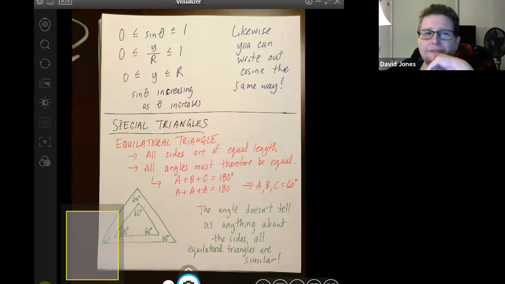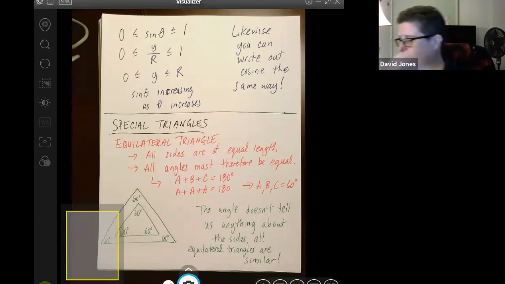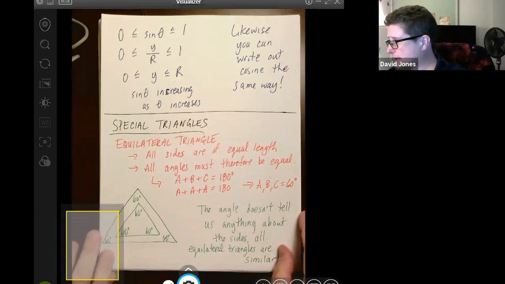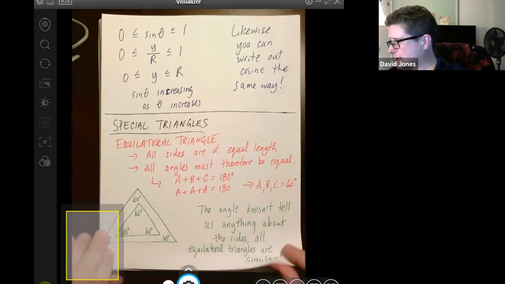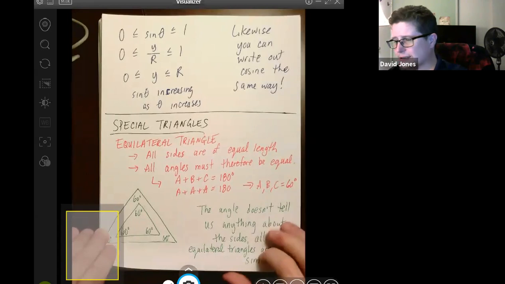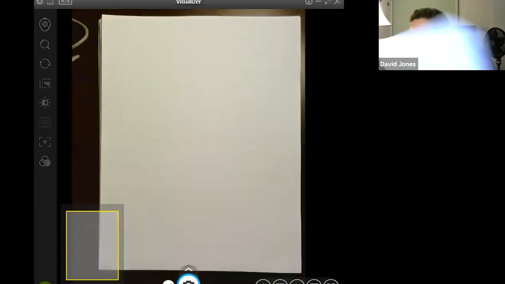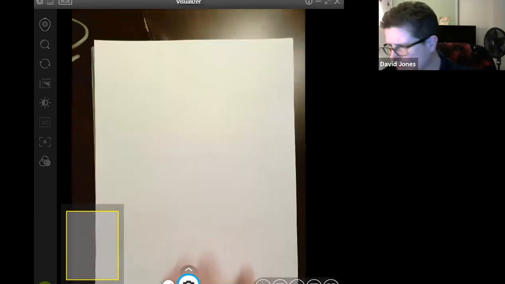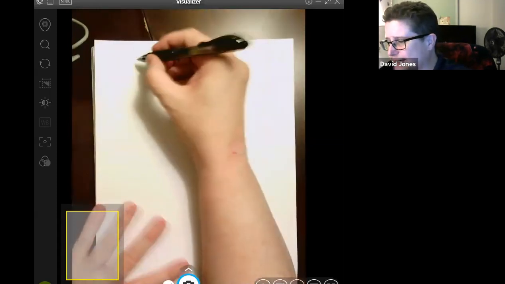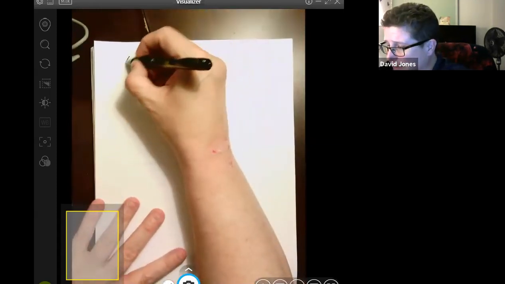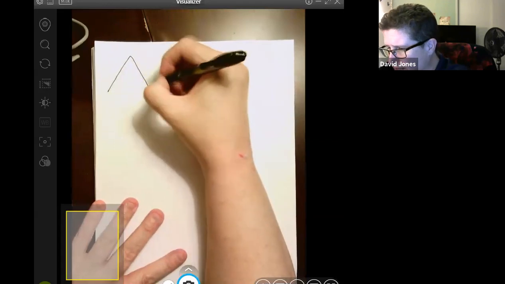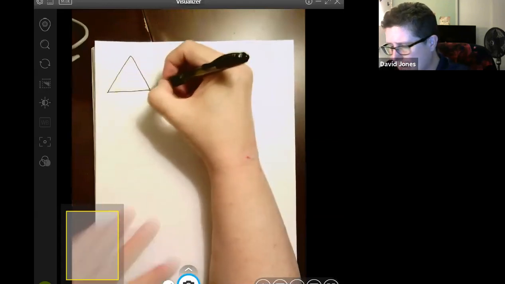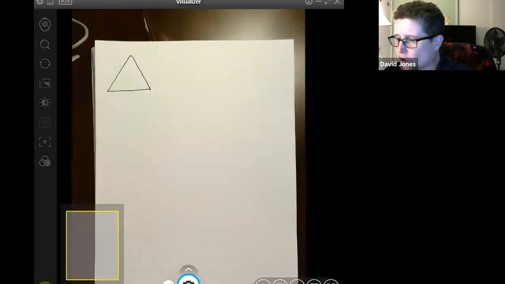This leads to another fun triangle, though. Okay, I'll assume you paused it and wrote it. Let's say we've got that 60, 60, 60 triangle. And we bisect it or cut it in half.